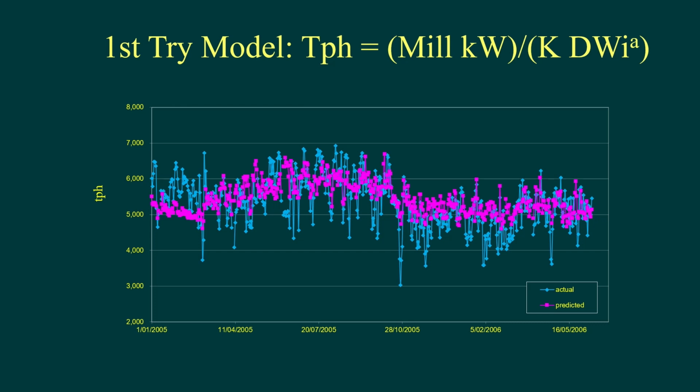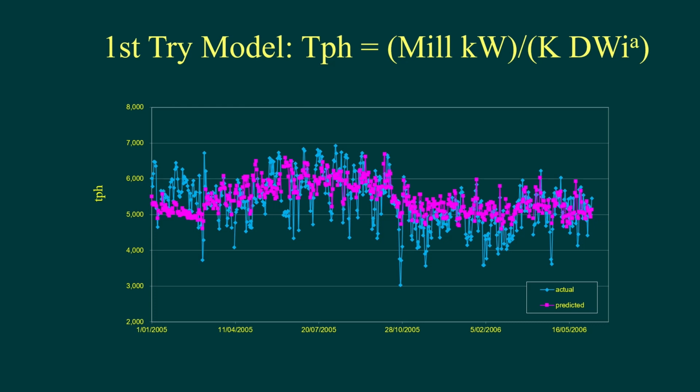Now, one of the things I should point out that you need to be aware of is that this exercise is trying to match these blue real data points with predicted data points, and these are the purple ones.